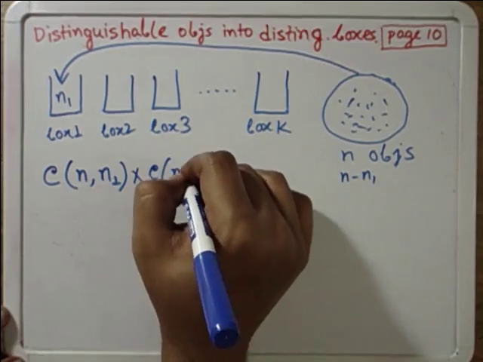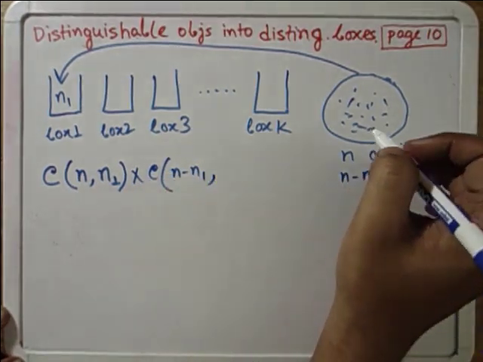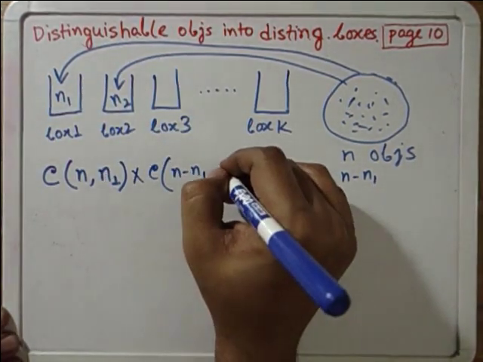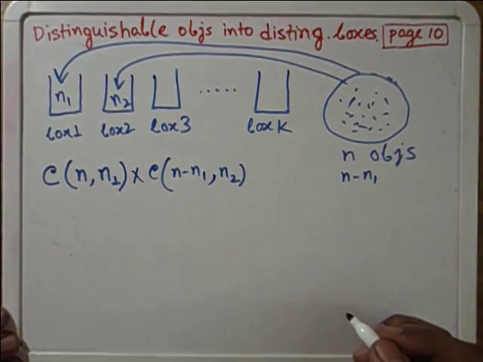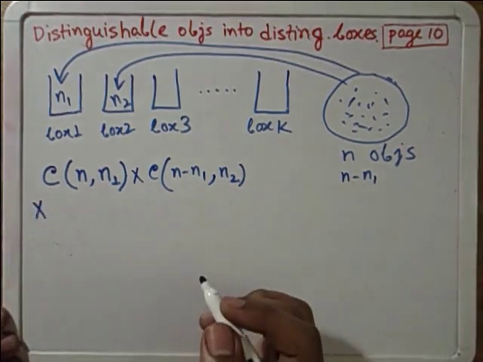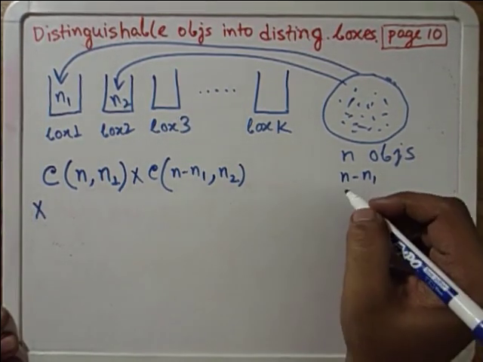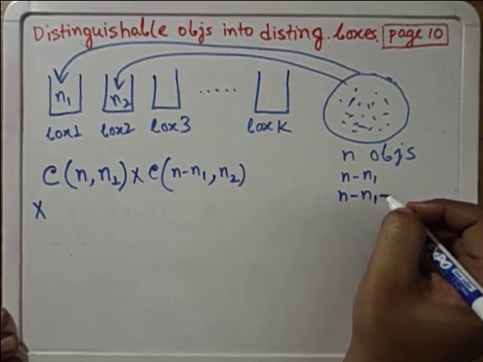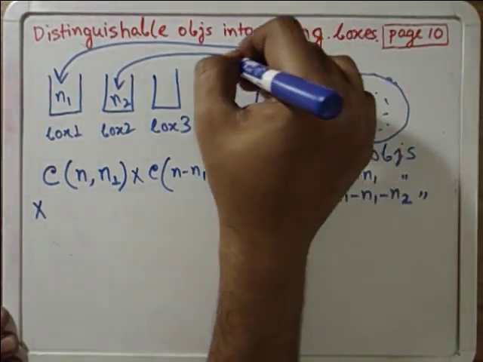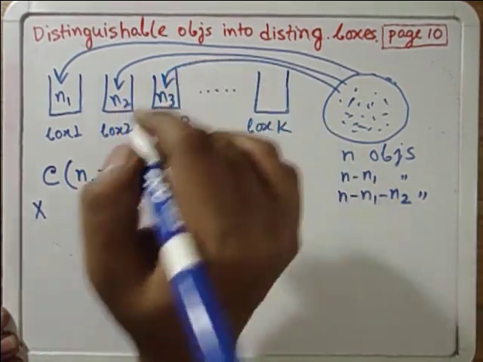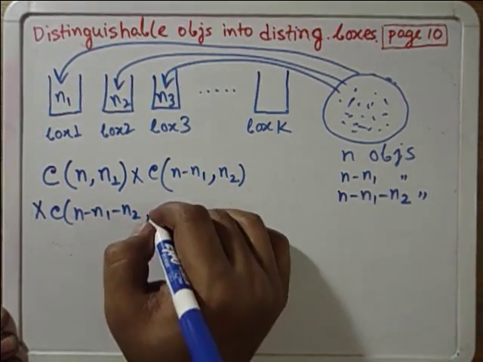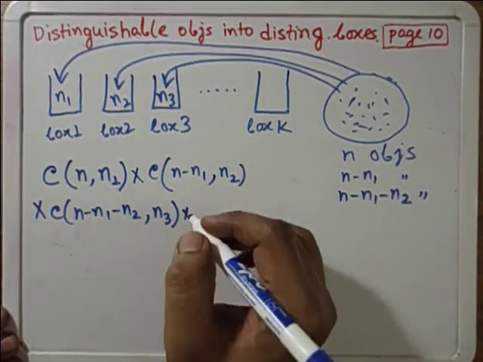So from those n minus n1 objects we are choosing n2 and we put them in the second box. Then we keep multiplying. Now how many objects are left? N minus n1 minus n2, and from that we are choosing n3 objects and put them in box 3. So n minus n1 minus n2, we are choosing n3 objects, and that goes on.